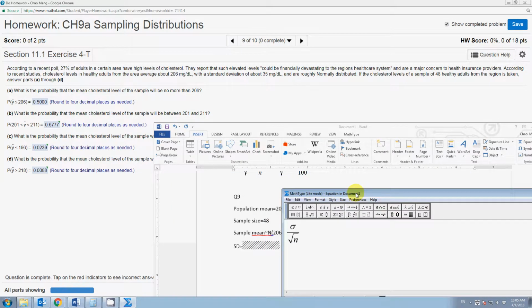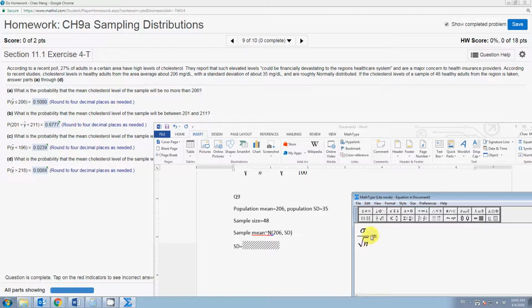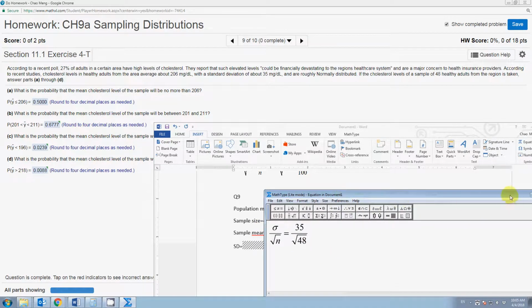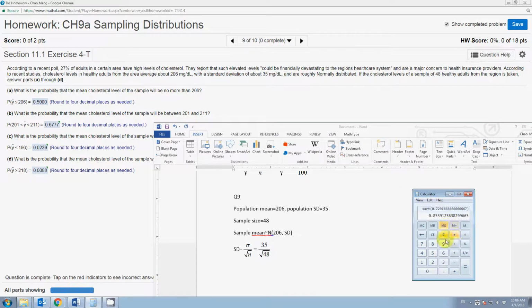Okay, so if we plug the numbers in there, sigma, which is the population standard deviation, is 35. What is the sample size? 48. Okay, let me close this, and let me get some help from using the calculator.